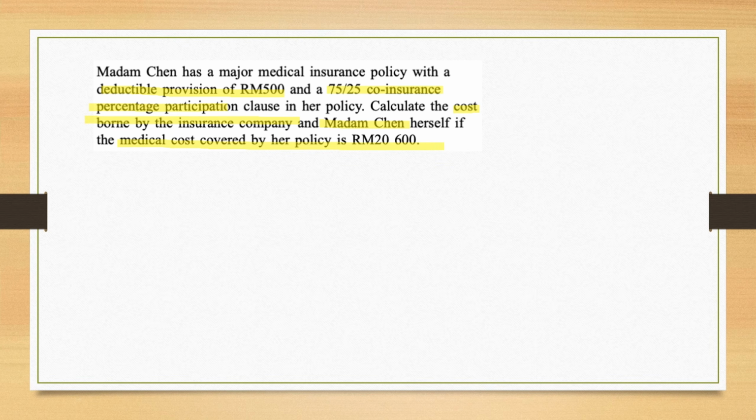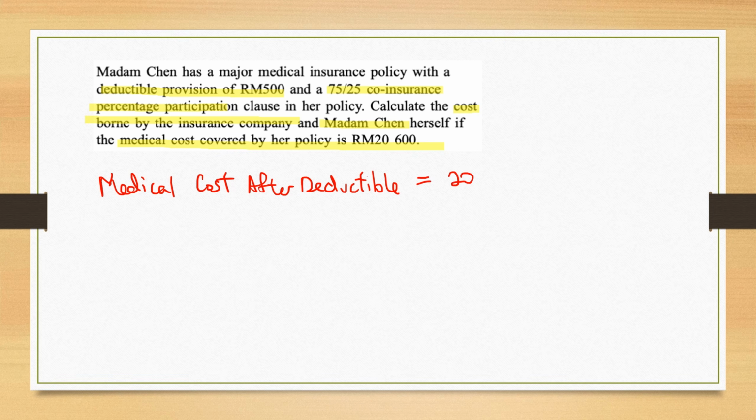The first thing you take note of is this particular formula: medical cost after deductible. That will be 20,600 as mentioned here, minus your deductible amount of 500 ringgit. That would be 20,100 ringgit.